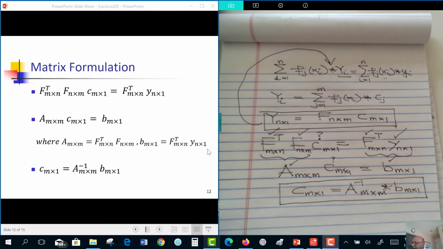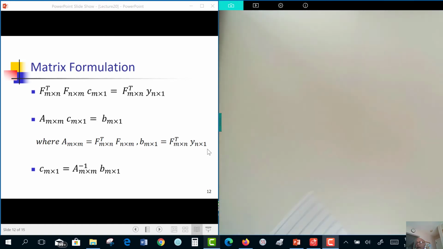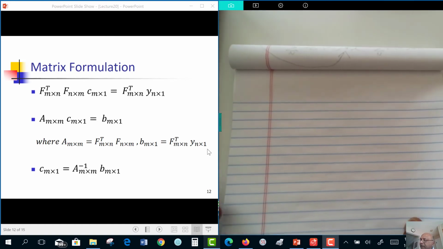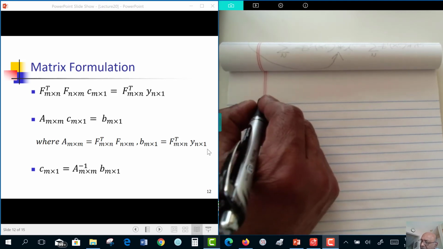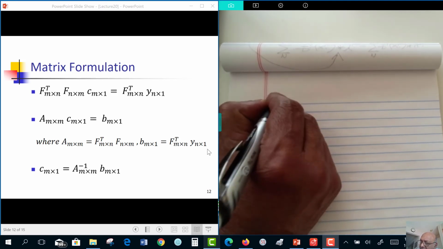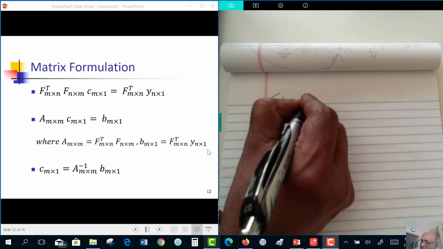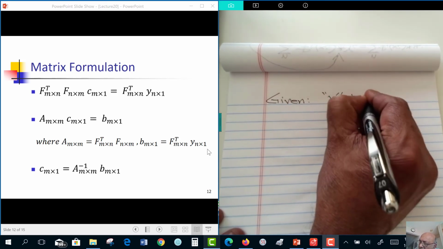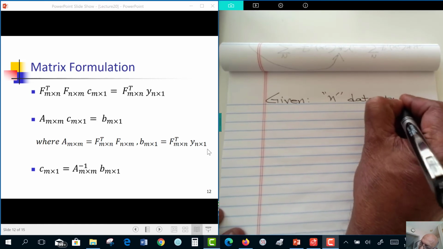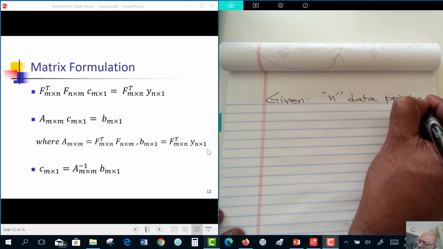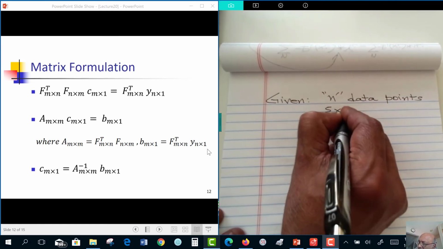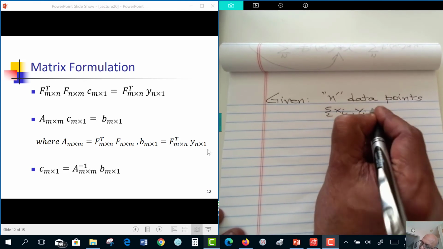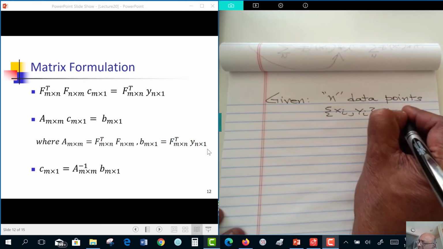Okay, so let's do an example. Before we do an example, let's again remember our problem. So we are given n data points. That means we are given xi and yi, i from 1 to n.